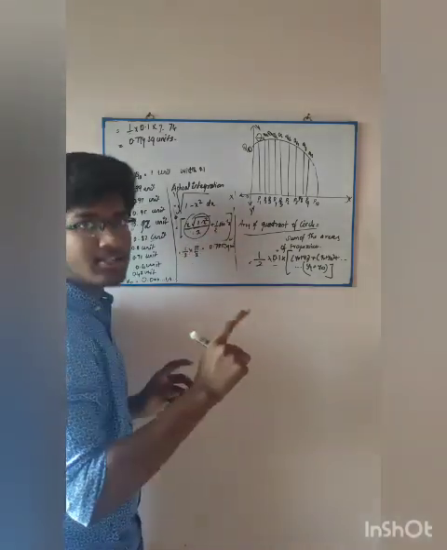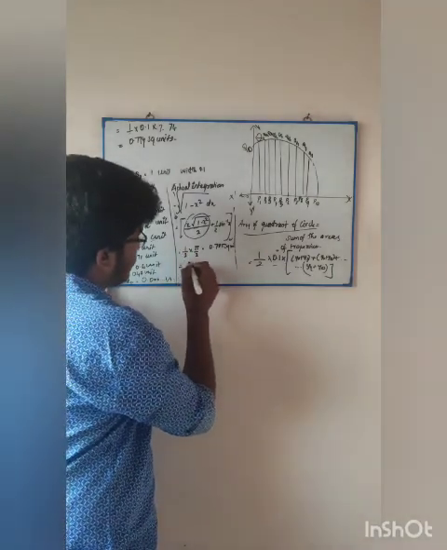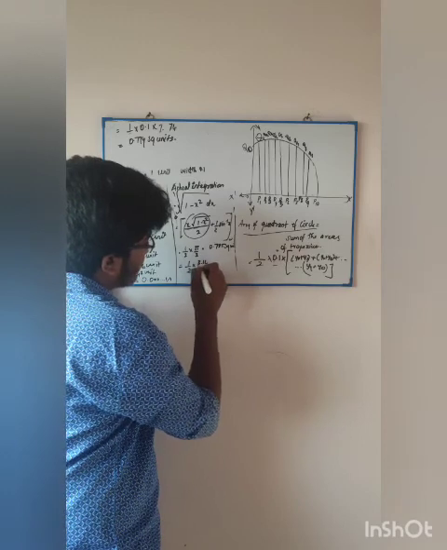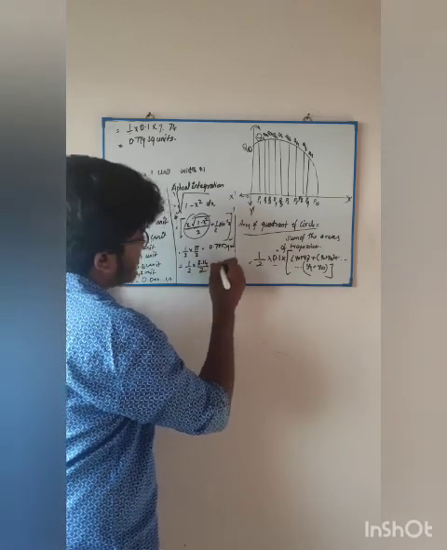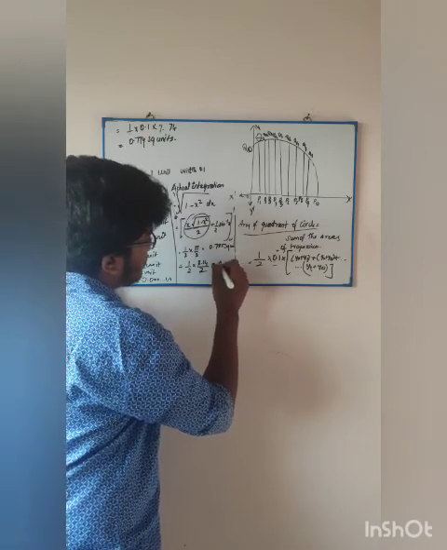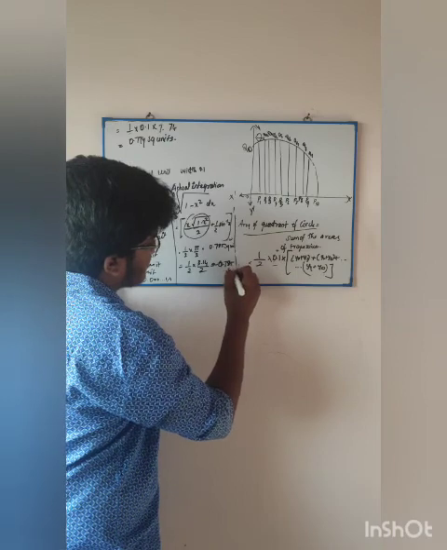Sine inverse of 1 is equal to pi by 2. So half into 3.14 divided by 2 gives us an approximate value of 0.785 square units.